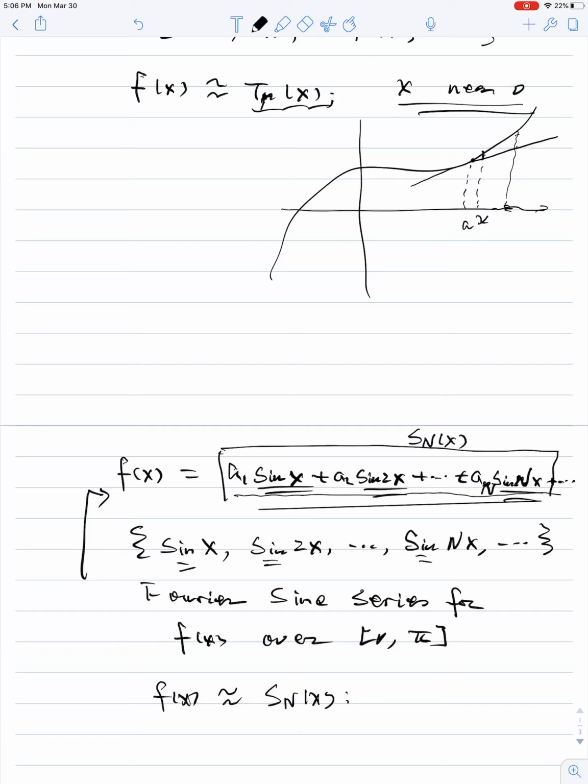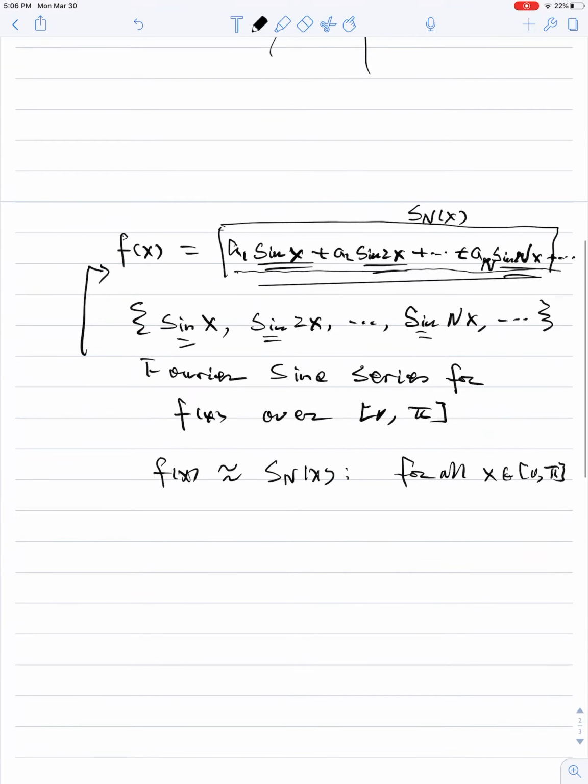It is a global approximation, holding for all x from 0 to pi. Now let's come back to look at this Fourier sine expansion, or Fourier sine series, with n from 1 to infinity.